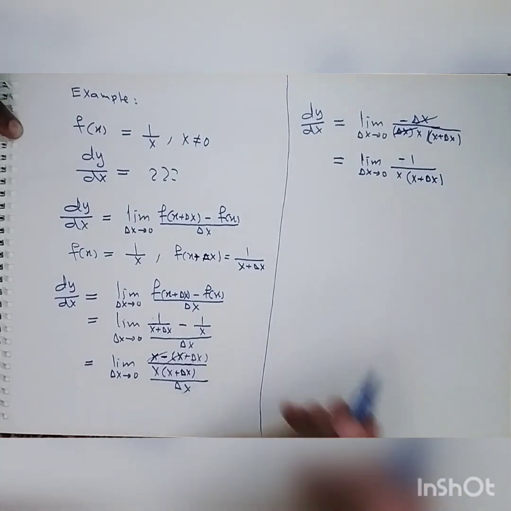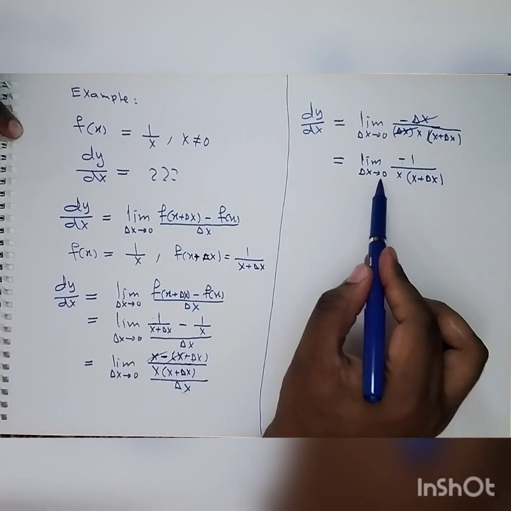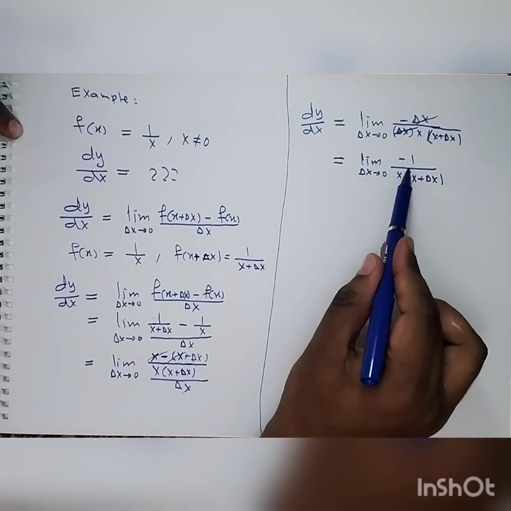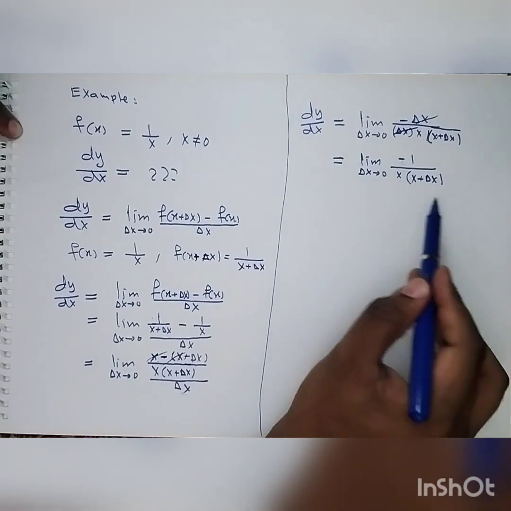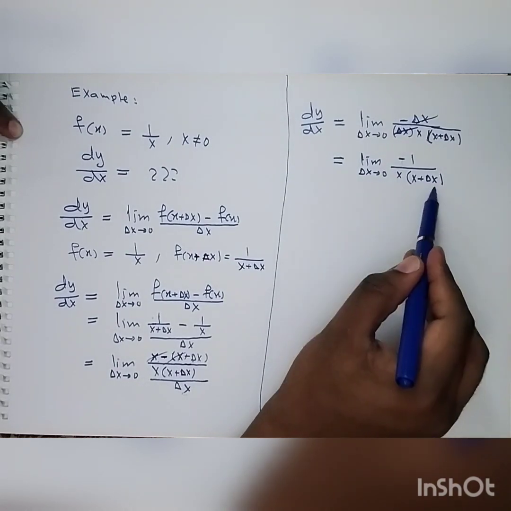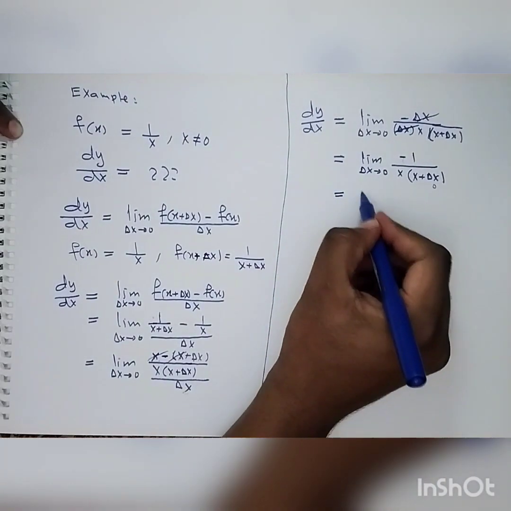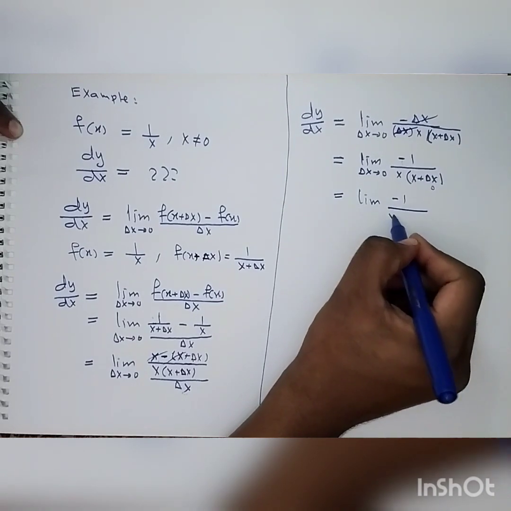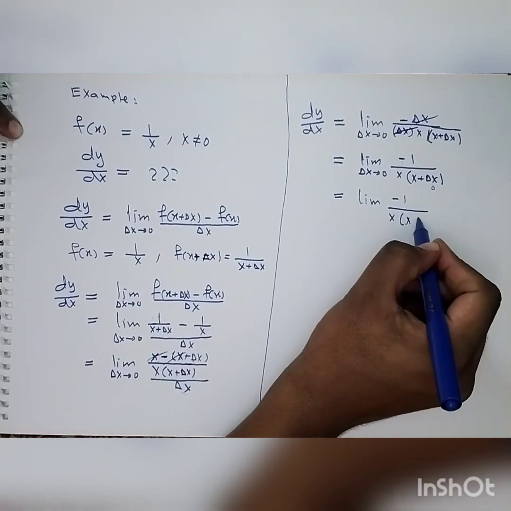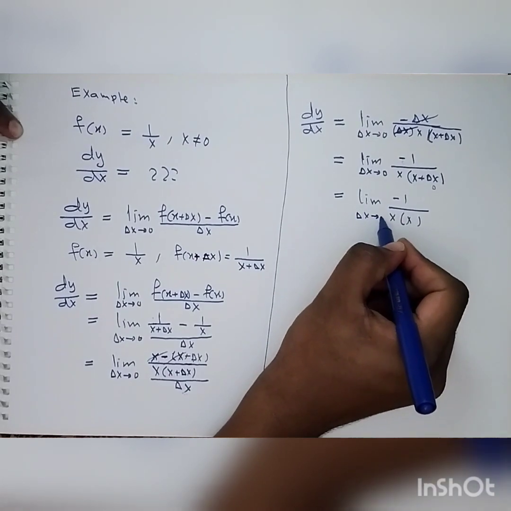Now we see whether we can substitute directly. So we check if it is a defined value. I mean, if the limit is defined, then it is okay. If you substitute delta x by 0, then we get the limit of negative 1 divided by x times x plus 0, which is x, as delta x approaches 0.